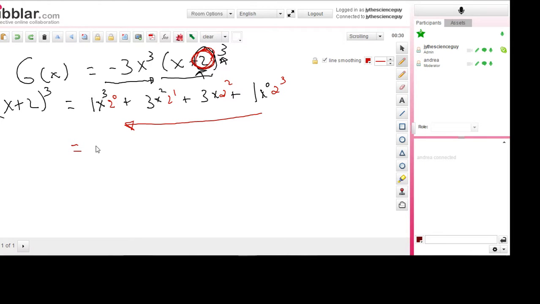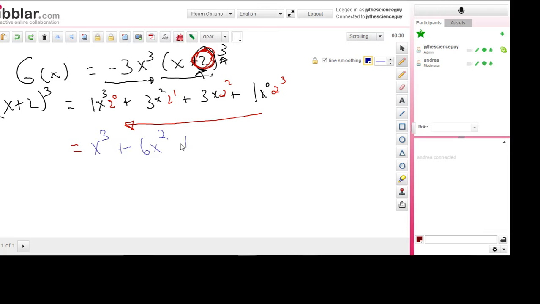So this is going to be, and I'll put it in blue, my answer for that first term is going to be just x cubed plus, what is 2 to the 1 equal to? 2 to the 1 is equal to 2. What's 2 times 3? 2 times 3 is 6. So this is 6x squared. Do you see what I'm doing now?